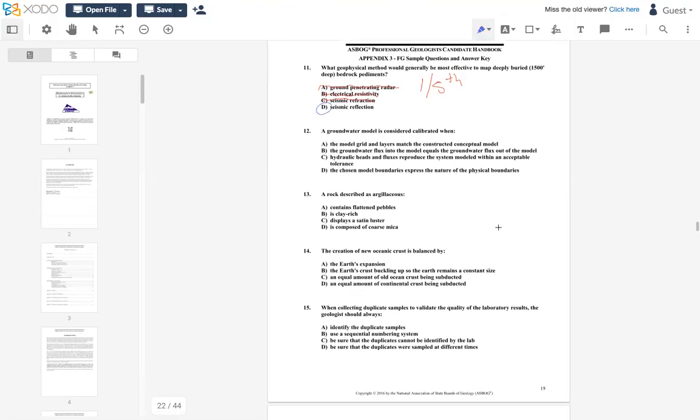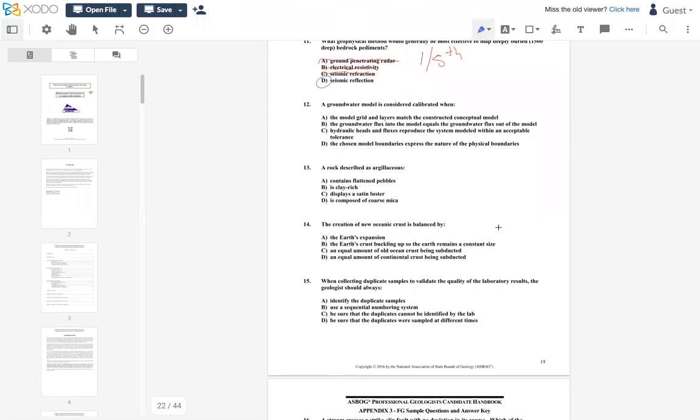Okay. A groundwater model is calibrated when the model grid and layers match the constructed conceptual model. The groundwater flux into the model equals the groundwater flux out. Hydraulic heads and fluxes reproduce the system modeled within an acceptable tolerance. The chosen model boundaries express the nature of the physical boundaries.